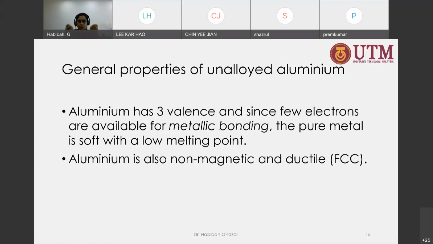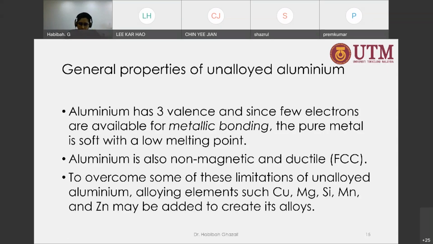So if you have an aluminum strip, you can bend it to any form easily without too much effort. This is because the crystal structure of aluminum is FCC. FCC has 12 slip systems, and this allows the dislocations to move freely when it's being activated.